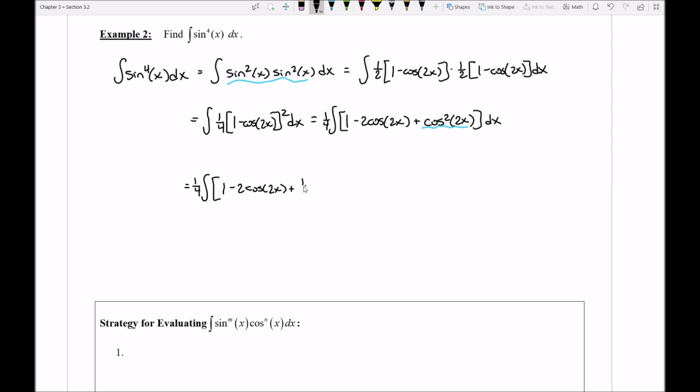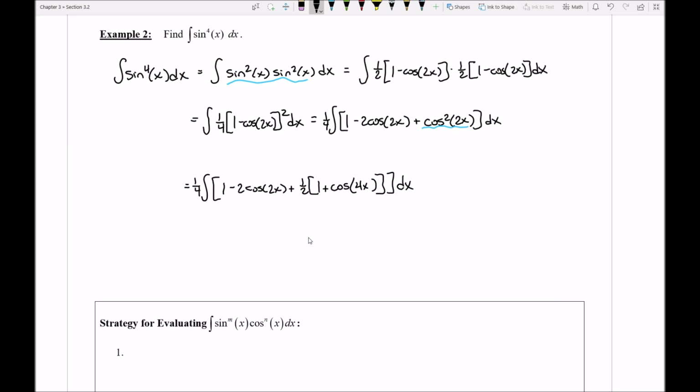And then I can replace that blue stuff with another 1/2 times 1 plus cosine. And remember that the angle that occurs in here is always double the size of the angle from here. Just like at the start, I had a sine of x, and so that angle got doubled to be double x. But here, if I already have 2x, when I double, I should get 4x. It's twice as large.